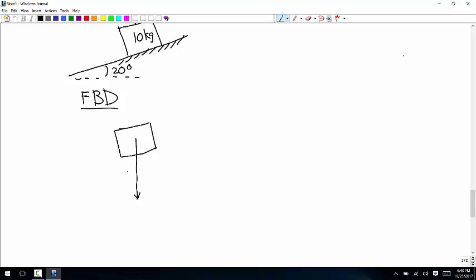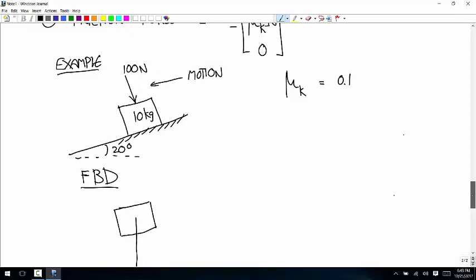Okay, so there's a weight force. I didn't show the coordinate system, but what would the coordinate system be? The y-axis has to be directly out of the surface, the incline. So that's the y-axis, and so then the x-axis has to be like that. And in these problems, I'm not going to draw the coordinate system on there. You have to choose that yourself.